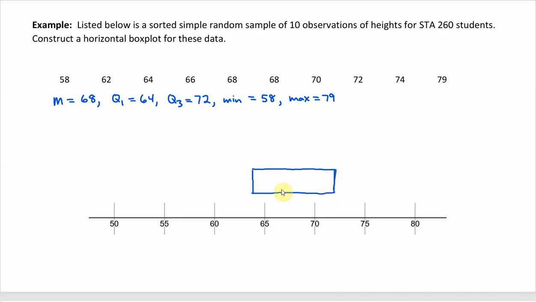And then the median is 68, so between 65 and 70, but a little closer to 70, something like that. And then we just have to go down to 58. And then up to 79. And that's it. So, no outliers. The box plot drops out pretty quick.